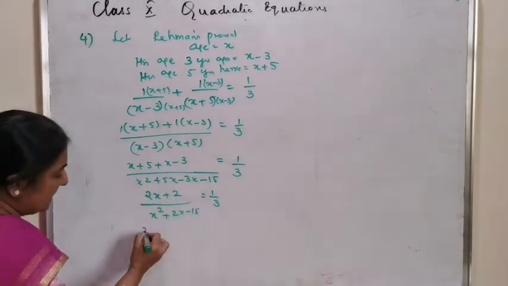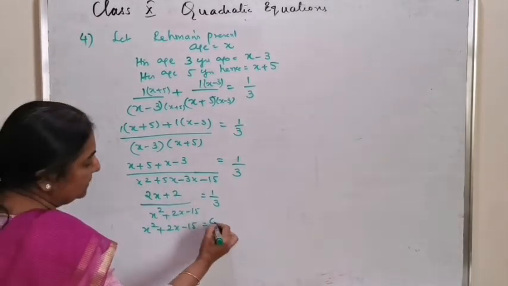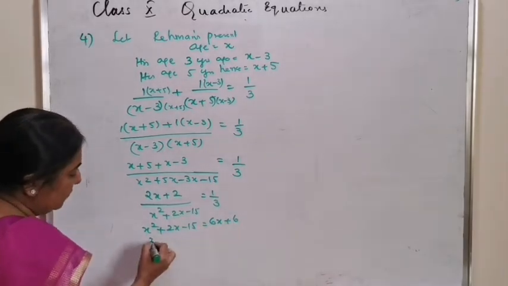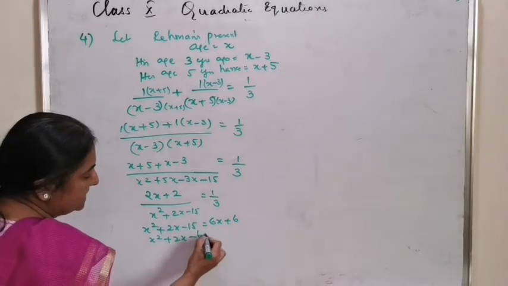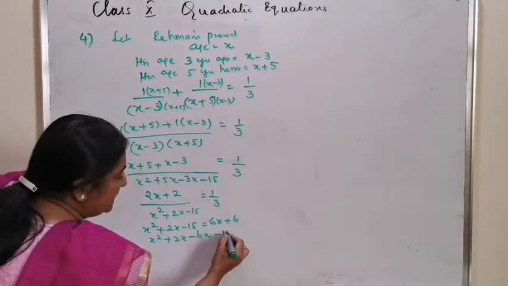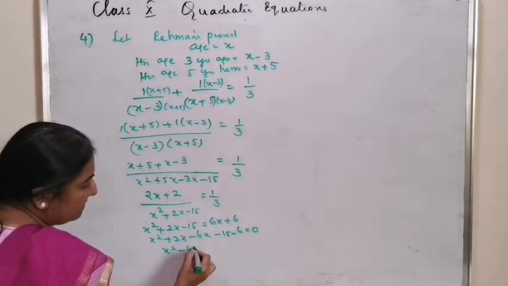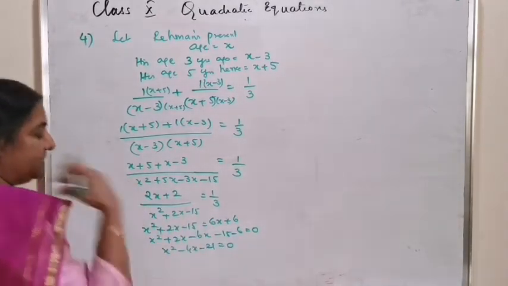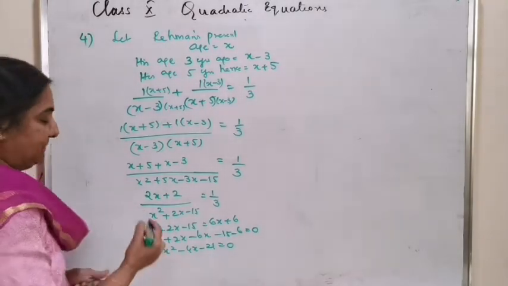By cross multiplication, x square plus 2x minus 15 is equal to 6x plus 6, or x square plus 2x along with that minus 6x, minus 15 minus 6 equal to 0, or x square minus 4x minus 21 is equal to 0. Again, splitting of the middle term is very simple here.